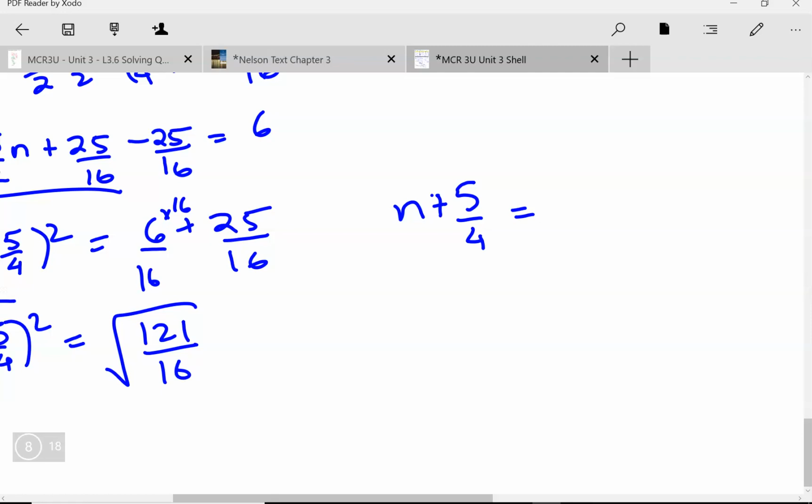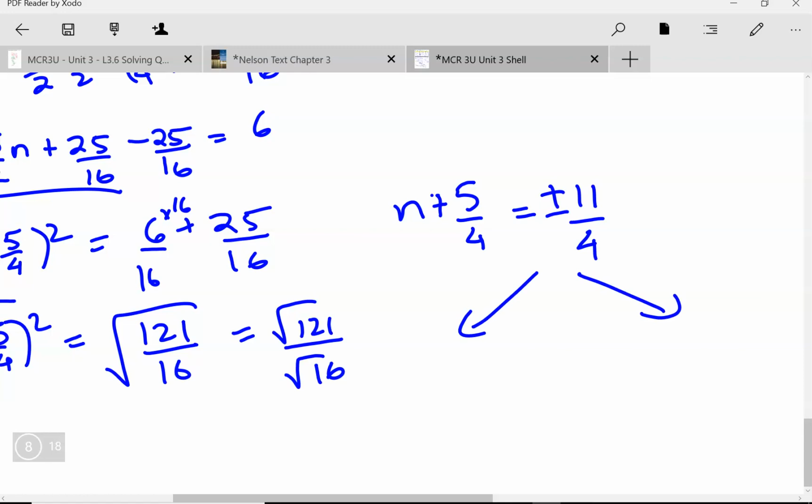And square root of 121 over 16 is square root of 121 divided by square root of 16, which is 11 over 4, plus or minus. So we can split this into 2: n plus 5 over 4 equals 11 over 4, positive, and then n plus 5 over 4 equals negative 11 over 4.